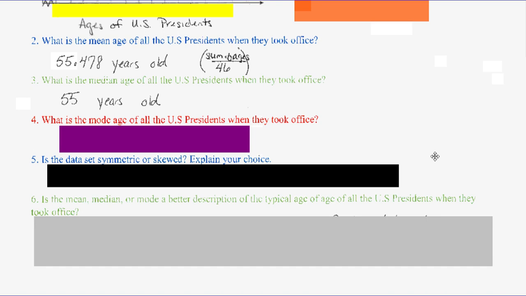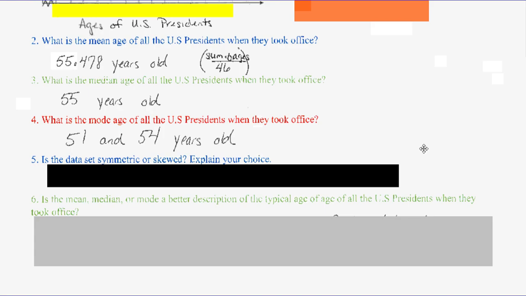The mode, the one that happens the most, well, if you look and we see, we have 2 modes. 51 and 54 years of age happen the most for the president's ages through the 2020 elections.